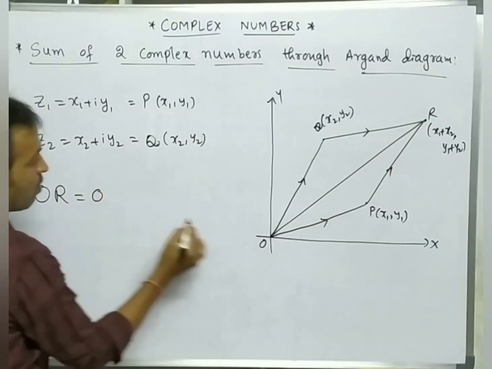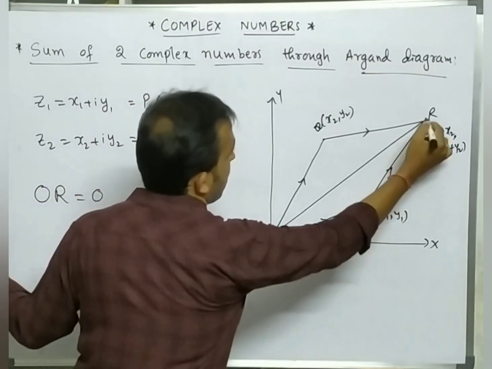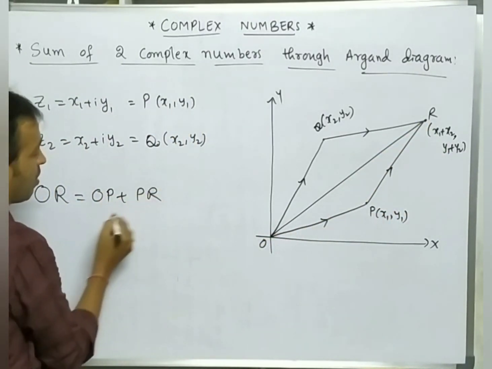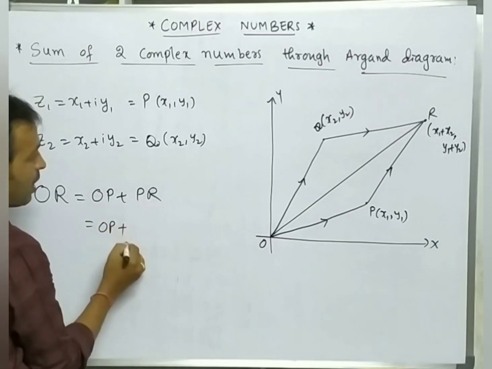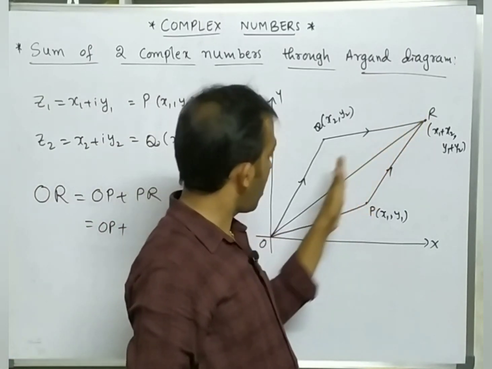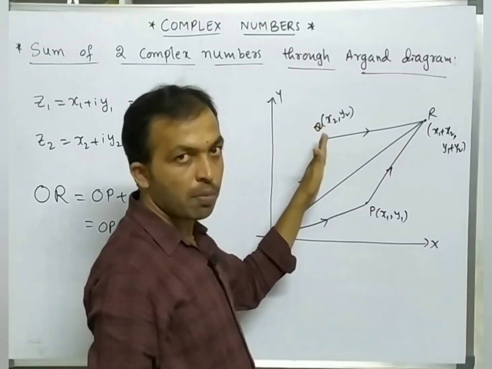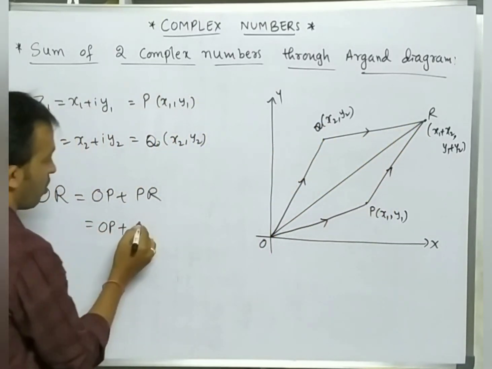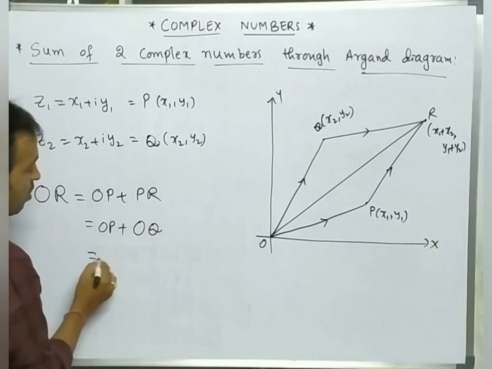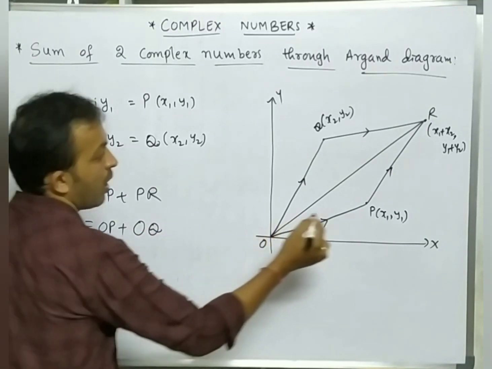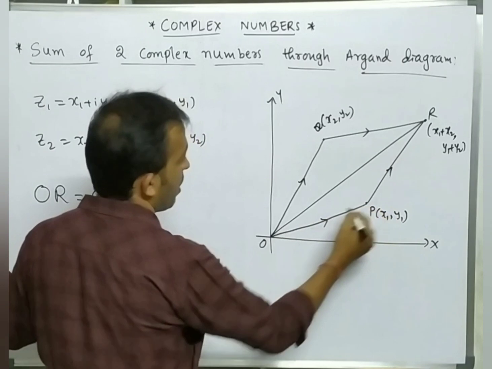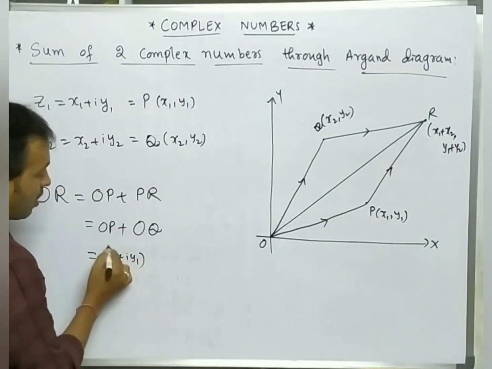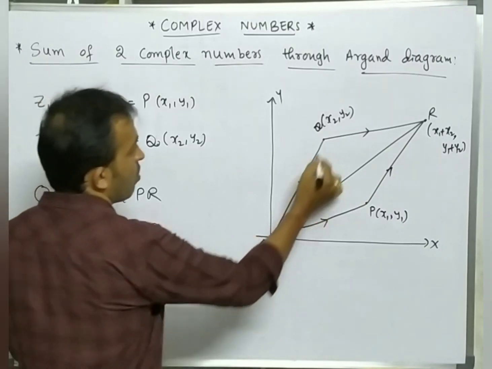as OP plus PR in vectors. Here PR and OQ are both parallel, so we can write PR is equal to OQ. So OR is OP plus OQ. What is OP? This is OP, that is x1 plus i y1, plus what is OQ?